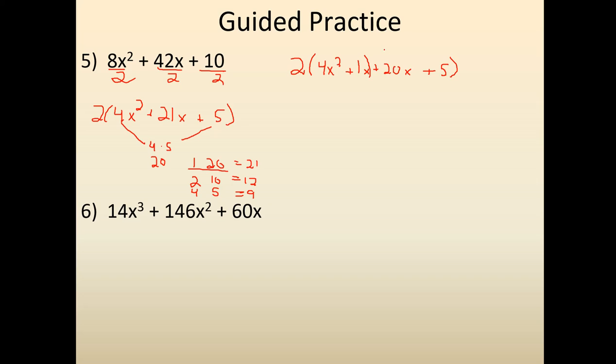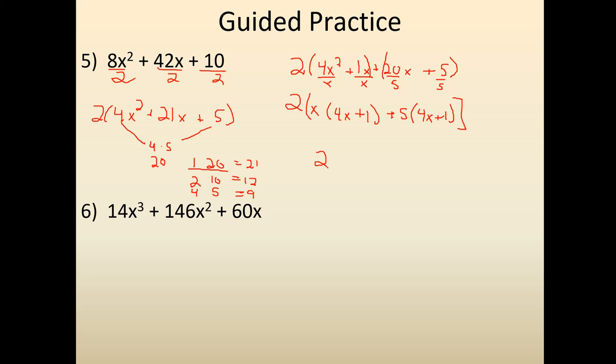Group them. So first 2, last 2. 2 stays there. I could pull out an x from both of these terms, and I'm left with 4x plus 1. Over here, I end up pulling out a 5 from both terms, and I'm left with 5 times 20 divided by 5, which is 4x plus 1.